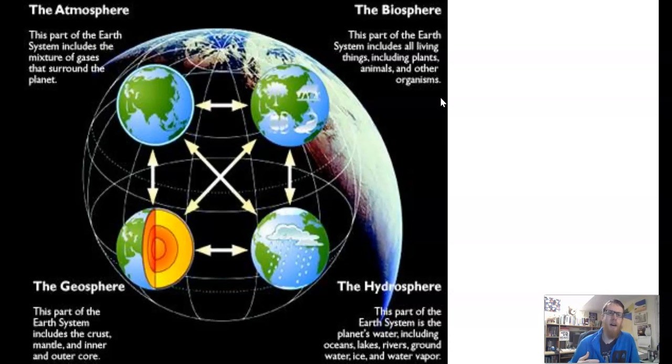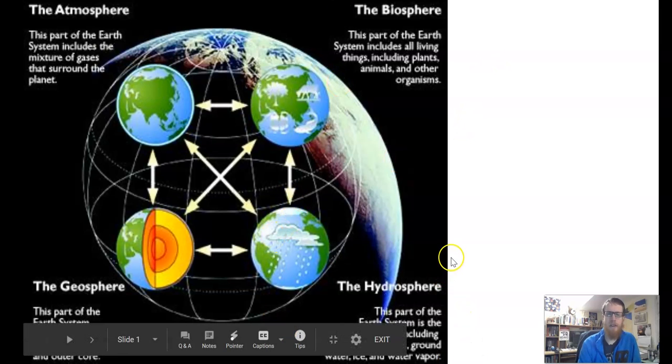Students tend to think of this as just plants and animals, and they definitely count, but it goes a lot deeper than that, all the way down to algae and bacteria, and how those might be impacted by climate change, a flood, pollution, whatever it is. So the biosphere is all the living things.